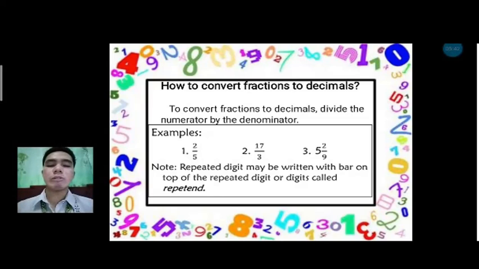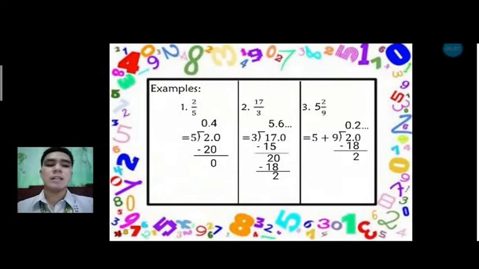Take note that a repeated digit may be written with a bar on top of the repeated digit or digits. Later on, you will learn more about this note. Okay, let's have the examples.